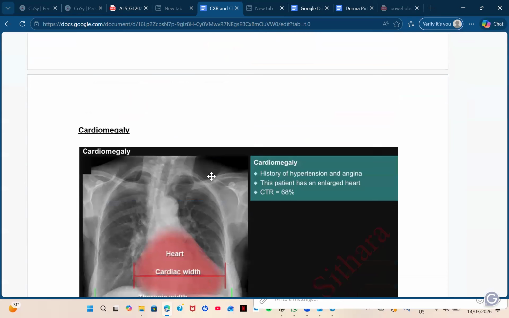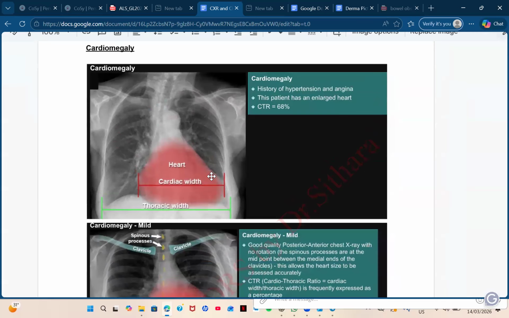Okay. Then how is cardiomegaly present? Tell me, doctors.